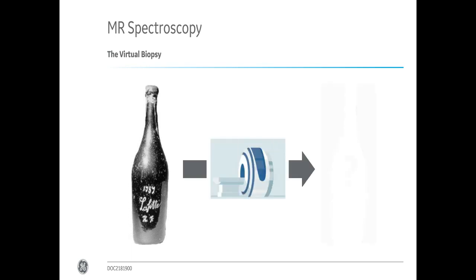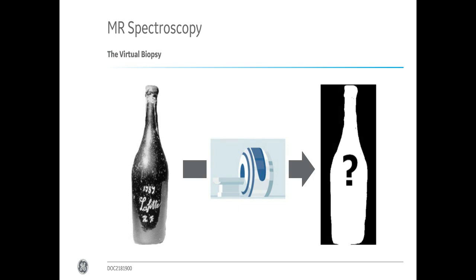We just get an image of a liquid, so we don't know exactly: is it water inside, is it now wine, or do we just have vinegar because the bottle got broken? So is it really worth that much that some people paid for it?